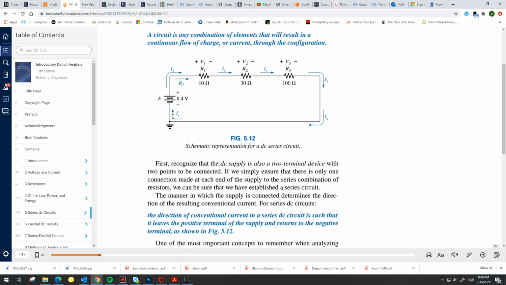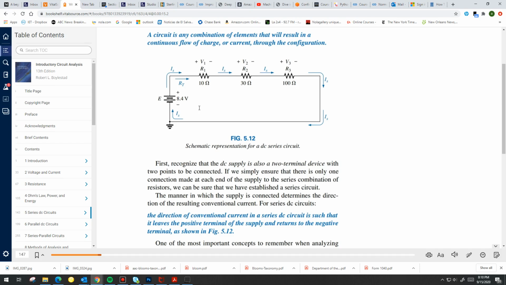That's not impossible. It can happen. But what we should understand is that going from positive towards negative indicates a positive current flow. It's very important, and I mentioned this several times before. You have to be aware of the polarity in the voltage, and you have to always be aware of the direction for a current.